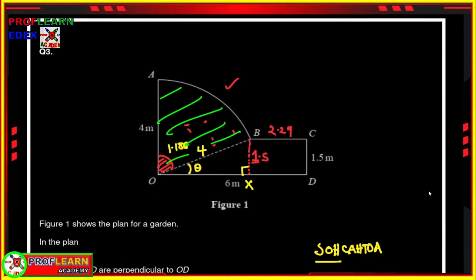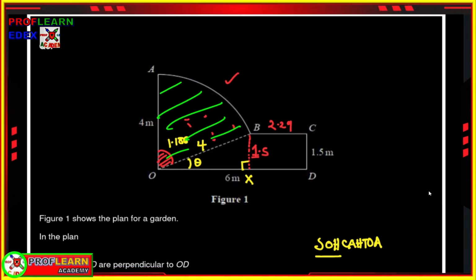The next question that you really ought to know is how to work with finding the area of a sector in radians and finding the arc length. The basic formulas you ought to have: if this is a sector and this is the angle in radians, then the area of this sector is going to be a half r squared theta, because this is the radius and this is the radius.